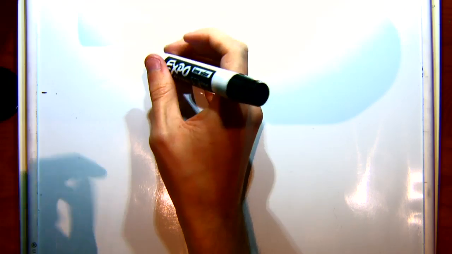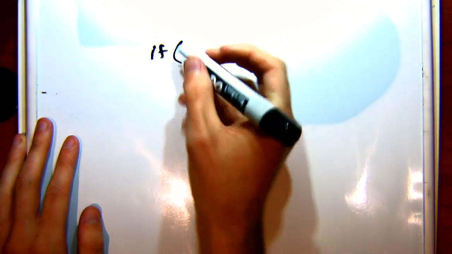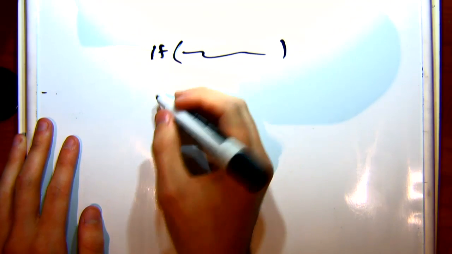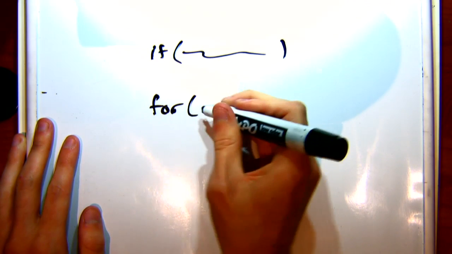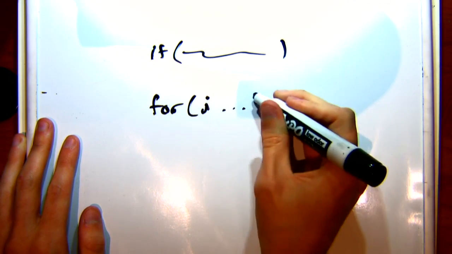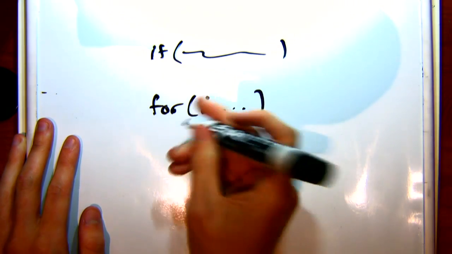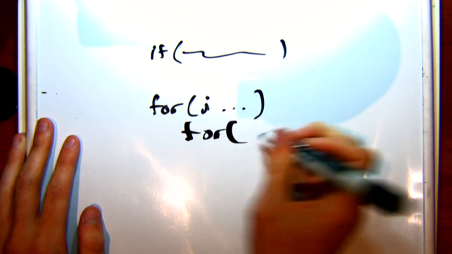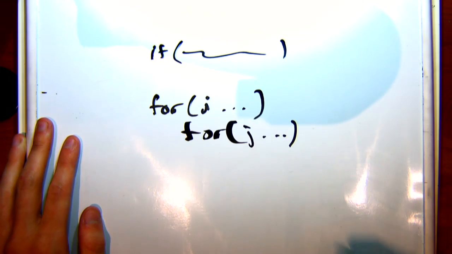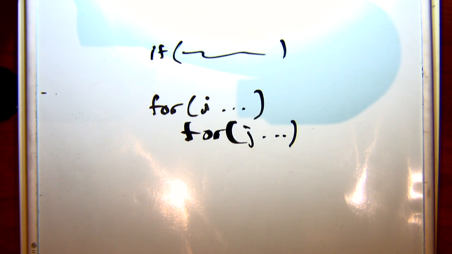For the maze, you'd have some kind of if condition up here, and then you'd have a for i through whatever, and then a for j through whatever. So this would go through your two-dimensional array.